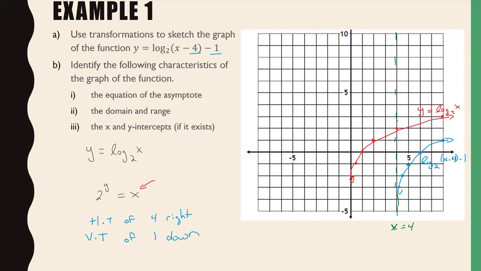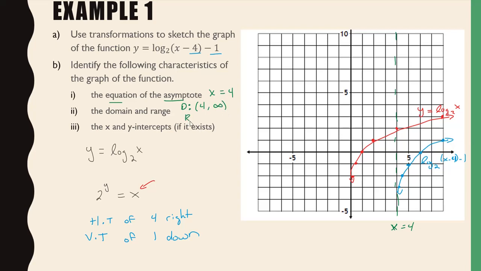Now some of part B we have already done. We already know what the equation of the asymptote is. I have it labeled here. It occurs at x equals 4. Our domain, so our x values, are based on that asymptote. We can't have less than 4, and it goes all the way to infinity.